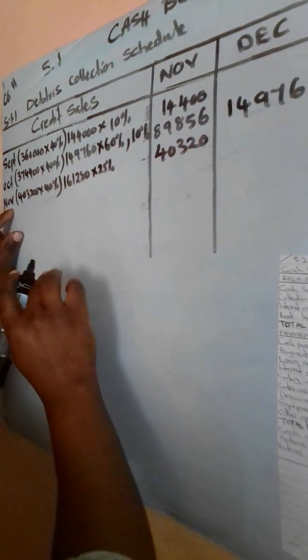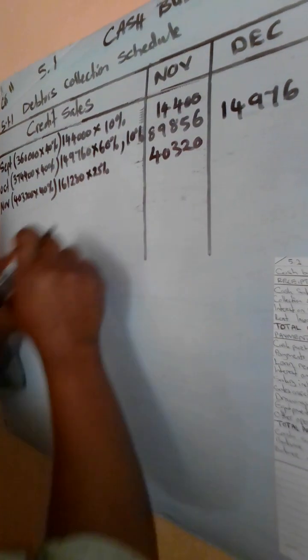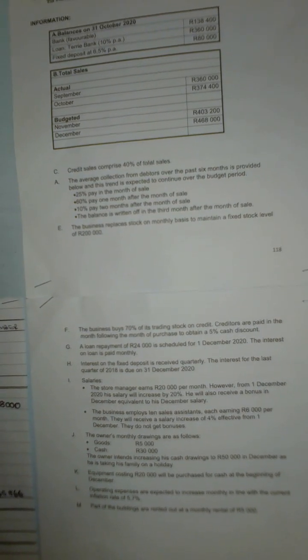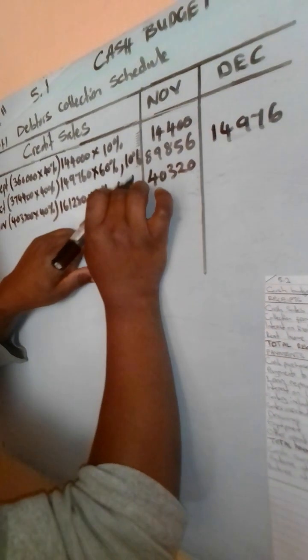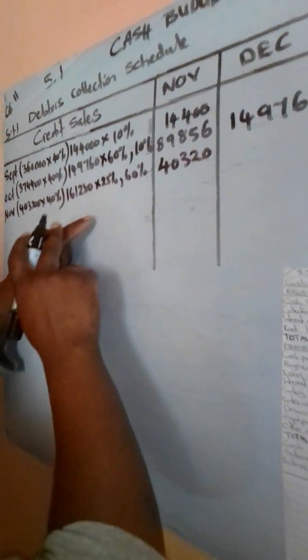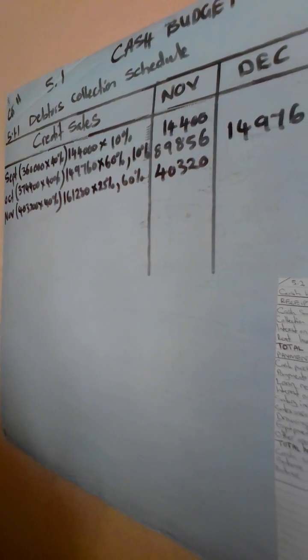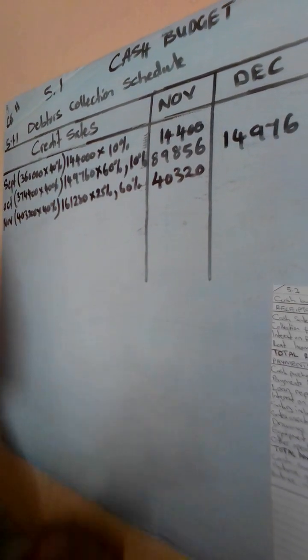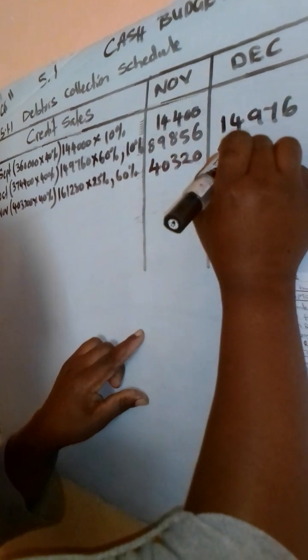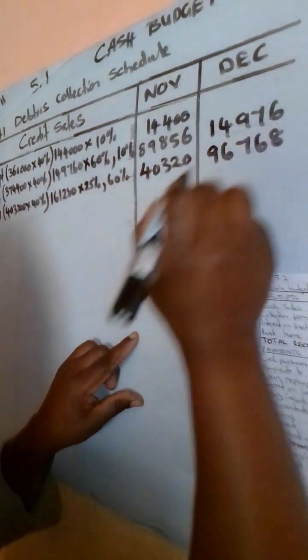And then 1 month from November, we're going to be in December. After 1 month, it's 60%. So we calculate our 60% after 1 month from November, and that will give us 96,768.